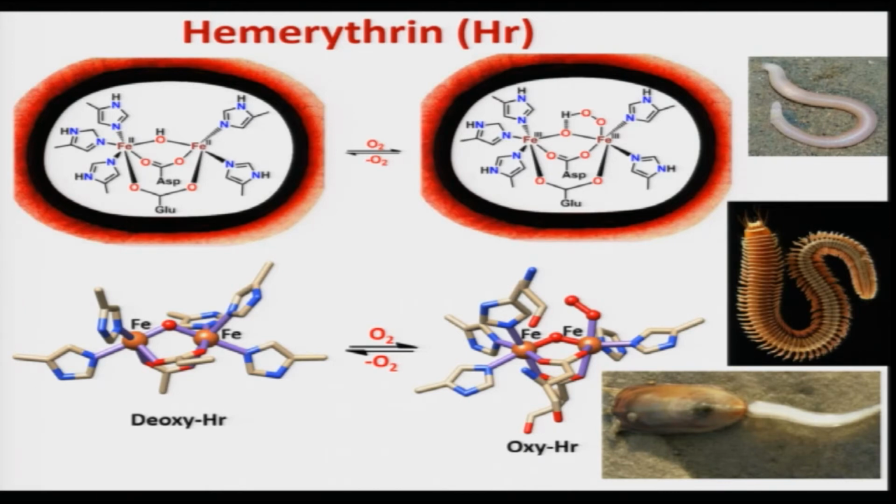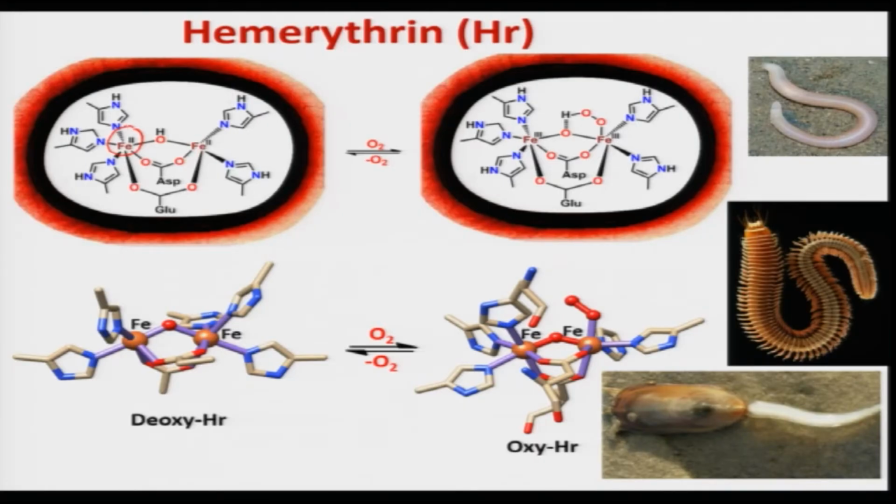In deoxy-hemerythrin, here again, this is the diiron center. It is a non-heme protein with two iron centers in the iron(II) state, and one aspartate and one glutamate bridge between these two iron centers, and also a hydroxo group bridges between these two irons.